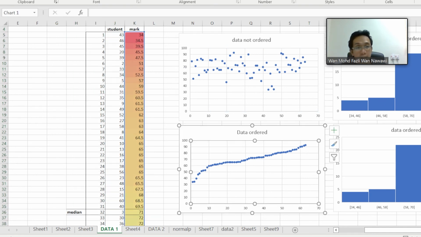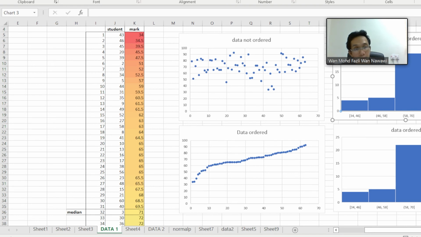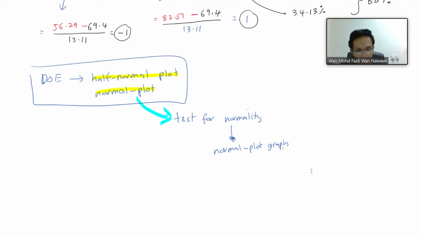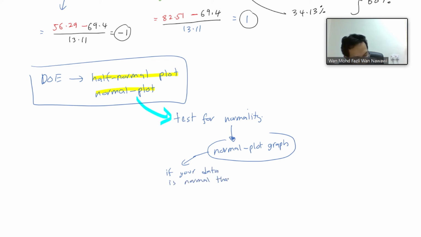But ordered, like a distribution. But the normal plot is a little bit different. This graph is handy because if your data is normal, then it will fall onto a straight line.